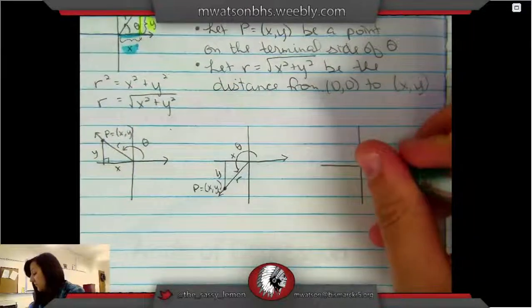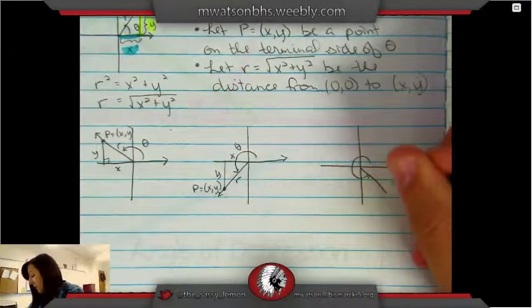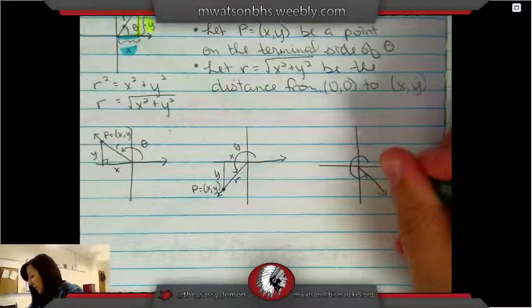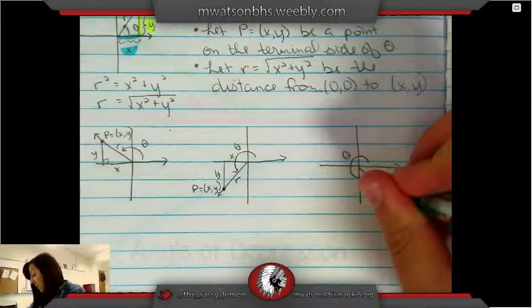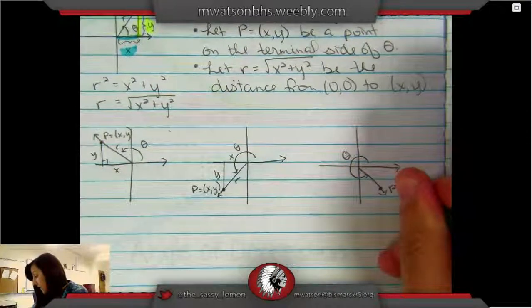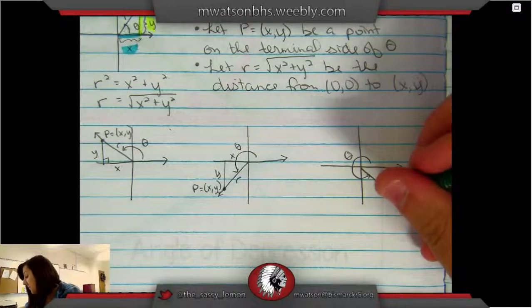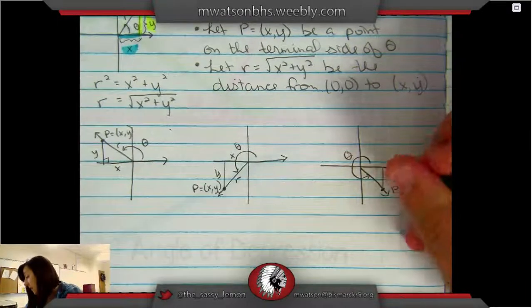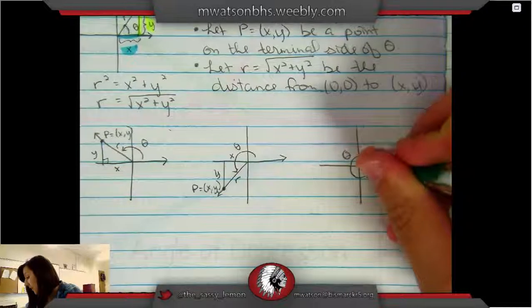One more time, all the way around in the fourth quadrant. Same thing. There's our terminal side, our initial side, theta. We're going to plot a point P, and it's going to be called x comma y. That creates a triangle for us where the height is y units and the base is x units long.